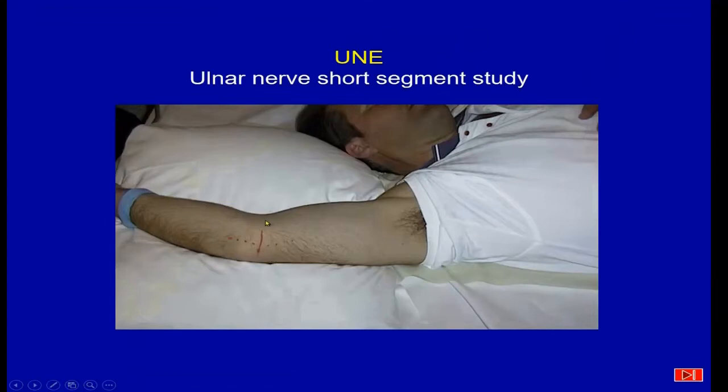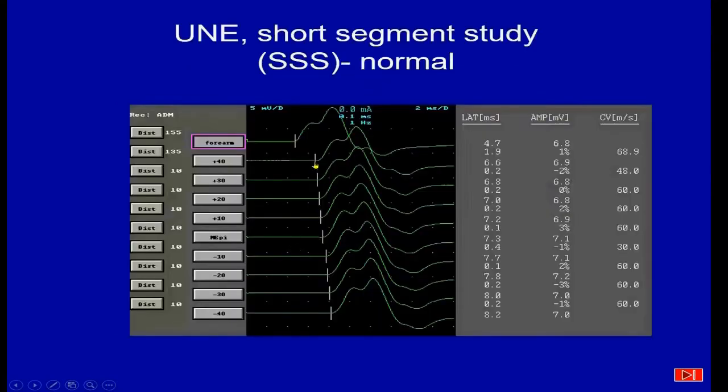We have the sulcus ulnaris here, and we have 3 or 4 sites for stimulation below the sulcus and 4 sites above the sulcus. And here is, in the normal case, the stimulation at the forearm, and here is around the elbow with increasing distance, and you see a very nice and smooth increase.